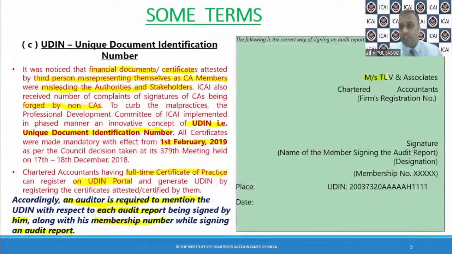At the end, we have written the name of the firm, we are chartered accountants, and the firm's registration number with ICAI. Then you have to sign over here: signature, the name of the person signing, his designation in the firm, a partner, his membership number, very important, place, date, and last but not the least and the most important, the UDIN.